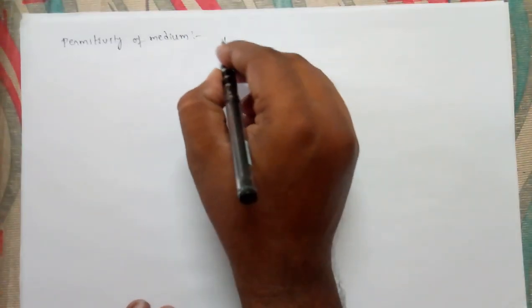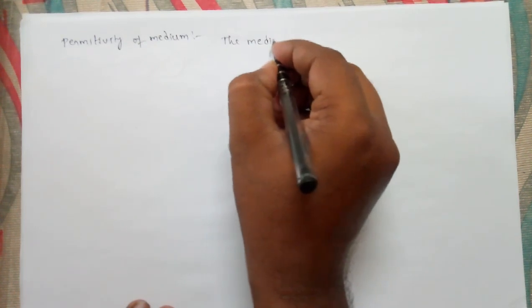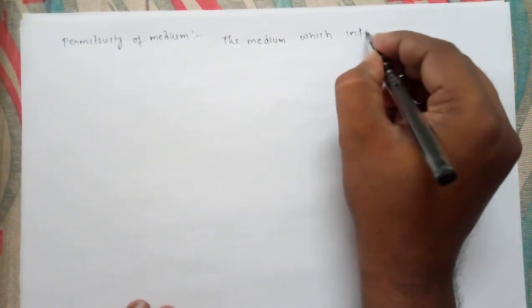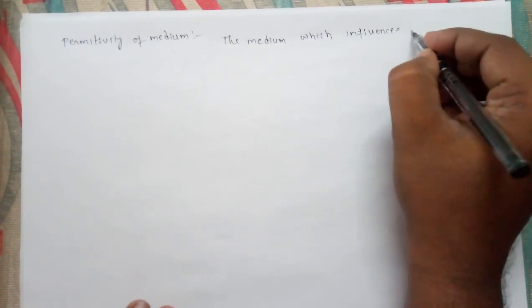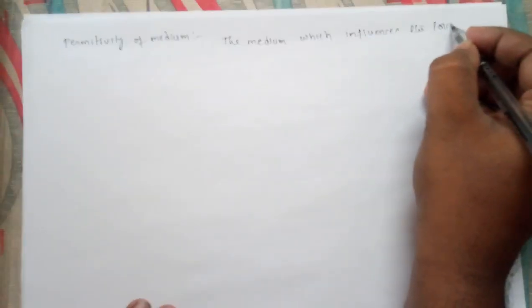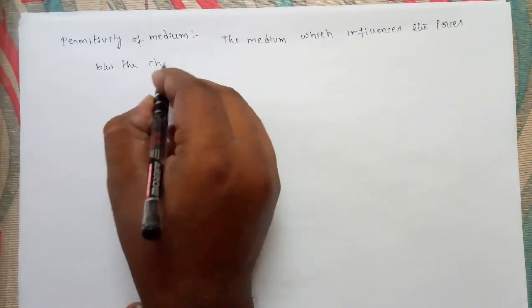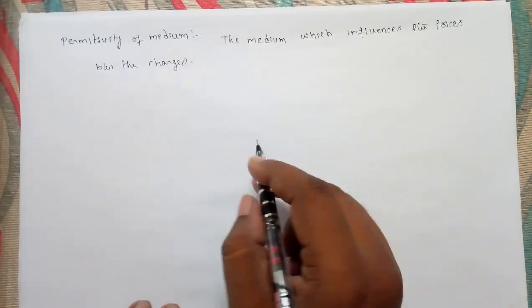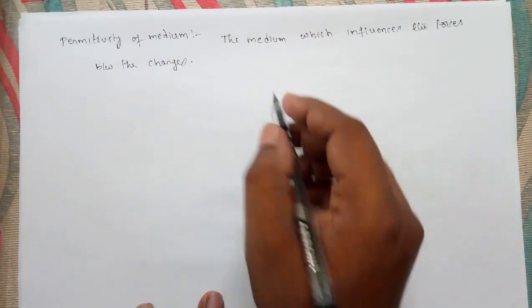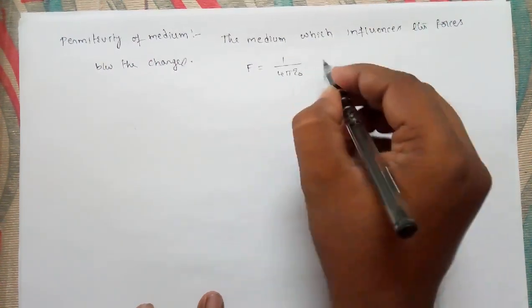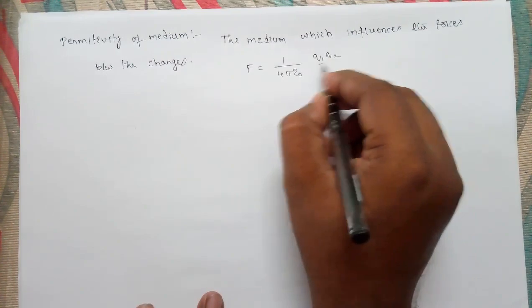And the medium which influences the force between the charges, you can say the proportionality constant is 1 upon 4 pi epsilon naught q1 q2 by r square.